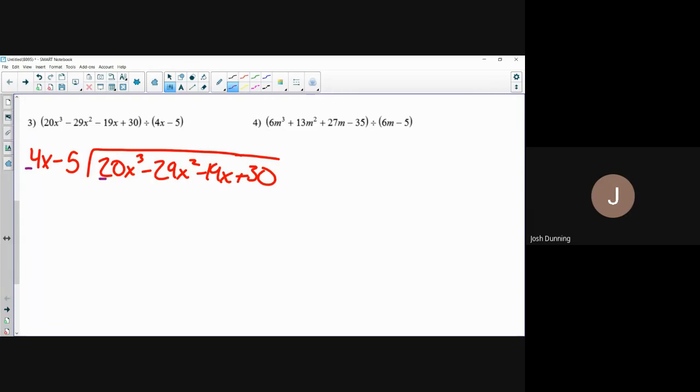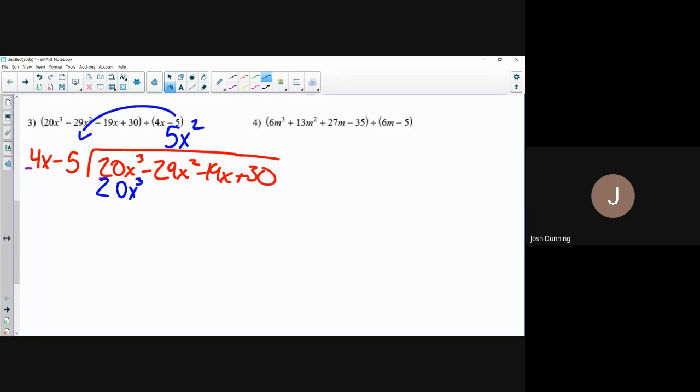So to multiply, I'm going to change 4 into 20 by multiplying by 5. You have x to the first. You need x to the third. So you need 2 more powers. So we're going to multiply by 5x squared. Just like before, that'll go above the 29 so that it will be lined up. So 20x cubed. Don't forget to distribute.